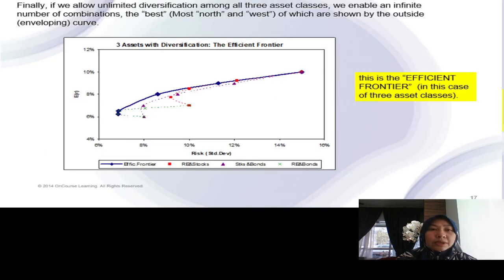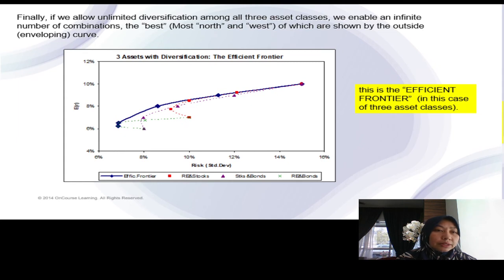Okay, so how about if we invest in all three? This is where we can get the efficient frontier.